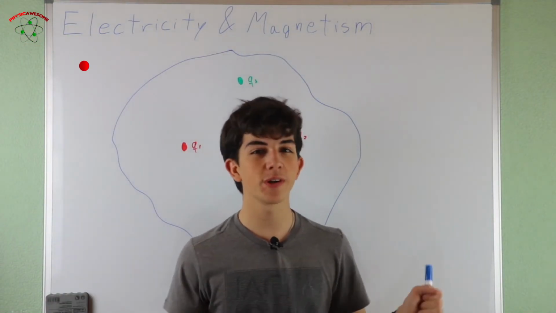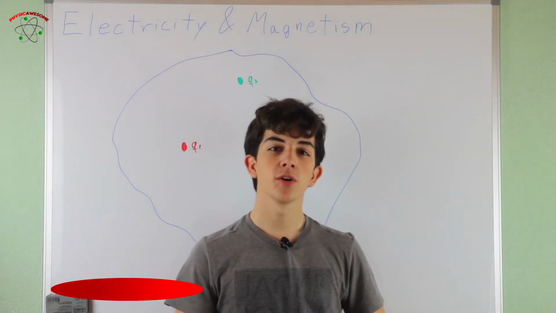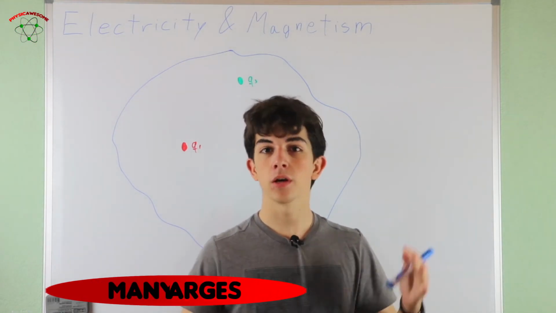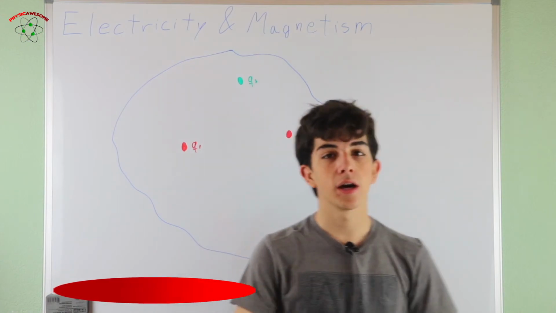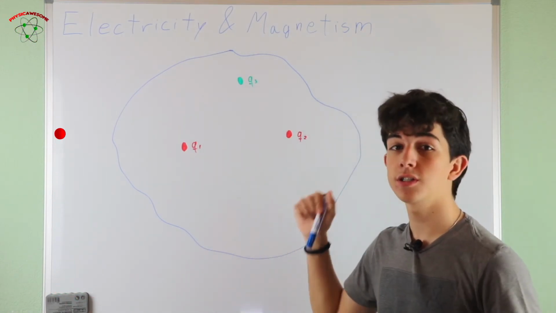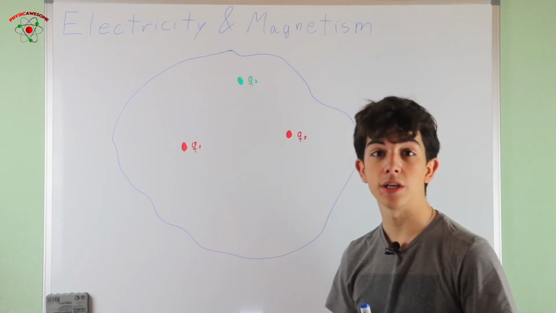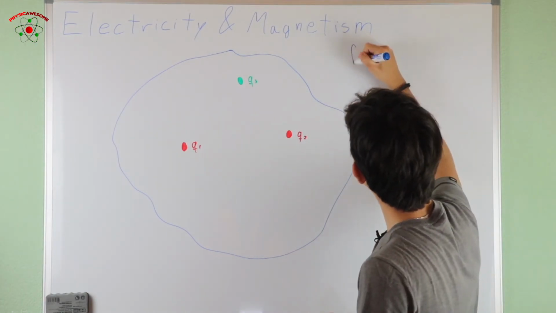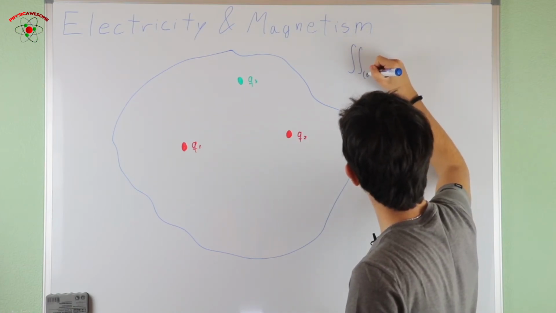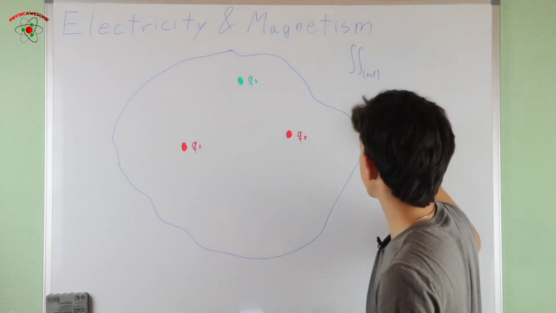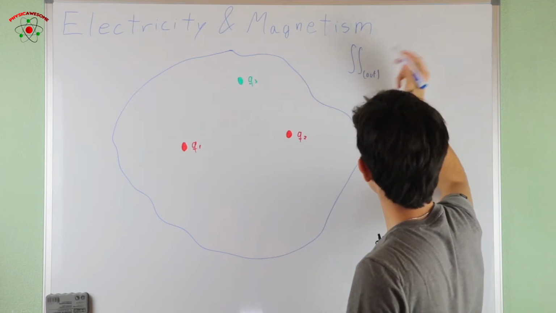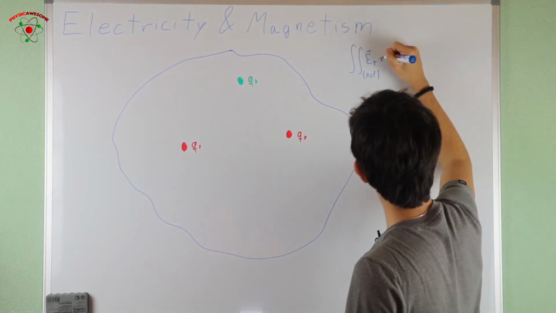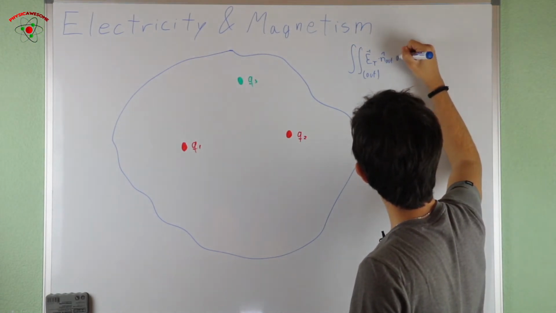Alright, now we're ready to carry out the final step on the generalization and proof of Gauss' law: many charges. As before, we're going to have some charges inside this fairly general surface. And we know that the total flux from the outer surface is going to be the total electric field times this vector dA.